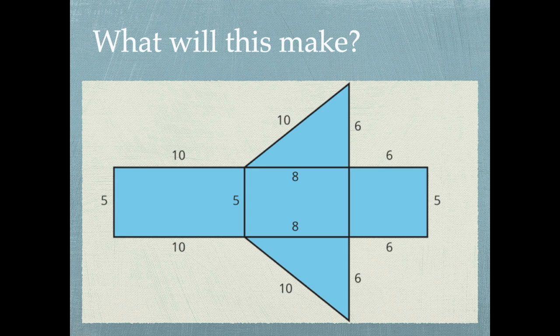This one is going to be a triangular prism. It's going to have 2 triangular faces, and there's going to be some rectangular faces. There's going to be 3 rectangular faces.